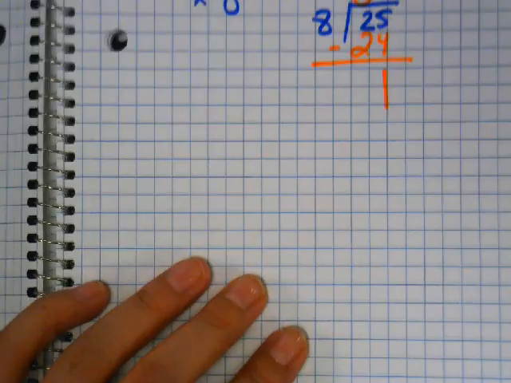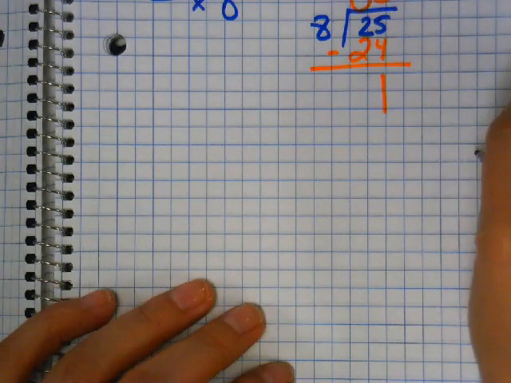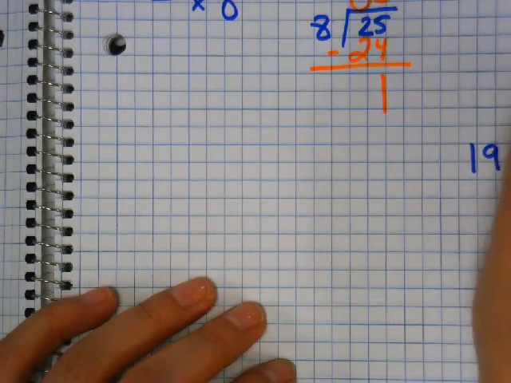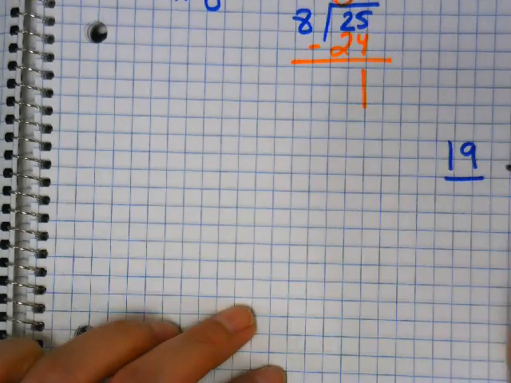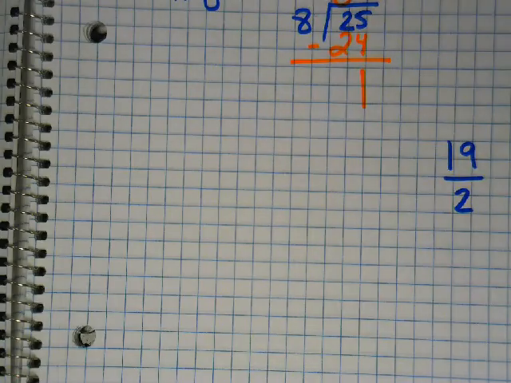All right, let's do 19 over 2. I don't want a whole number. All right, Chris, write it down.